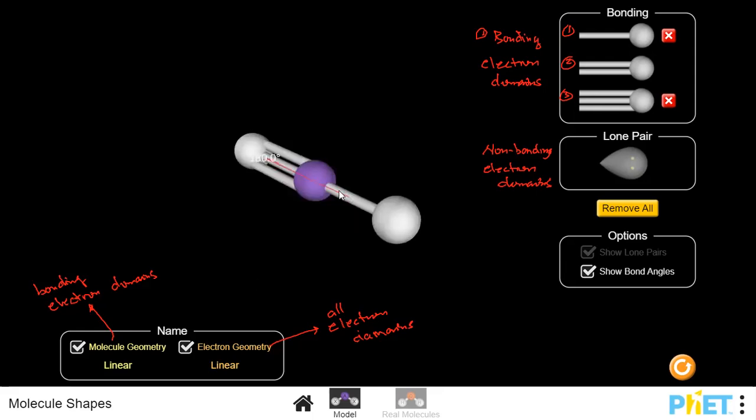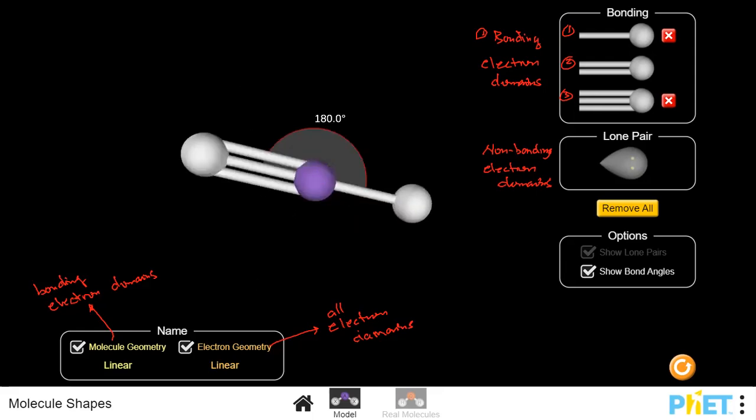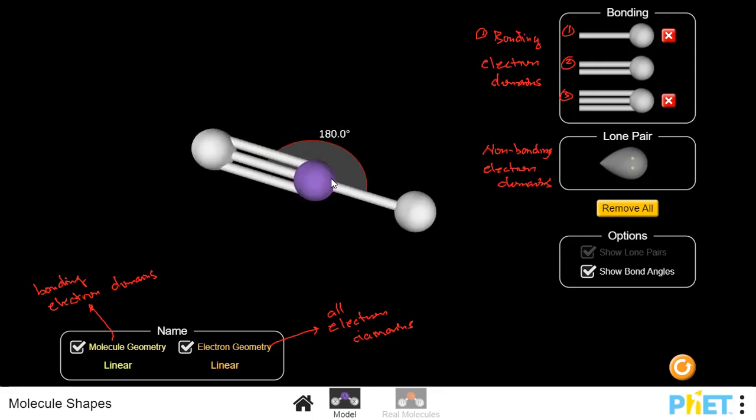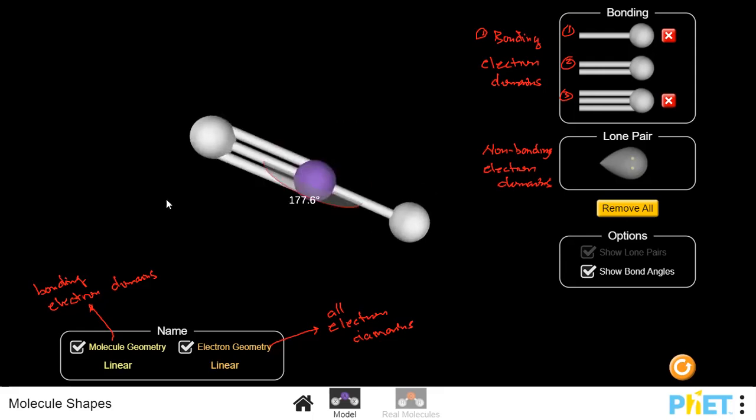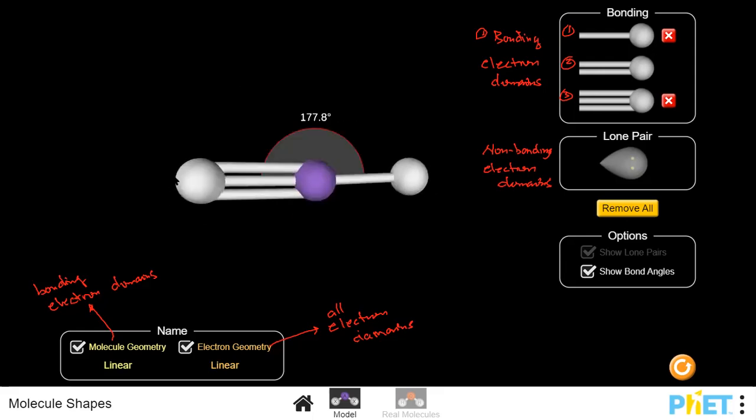So when we talk about electron repulsion, the single bonds, the double bonds, and the triple bonds will repel each other in exactly the same way. These 6 electrons here don't repel more than the 2 electrons here. So the furthest that the triple bond can get away from the single bond is again across an angle of 180 degrees from this center atom.